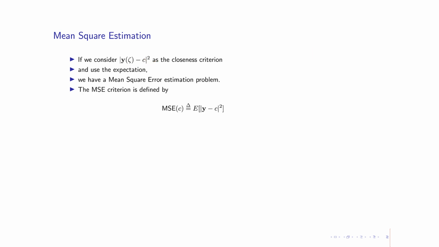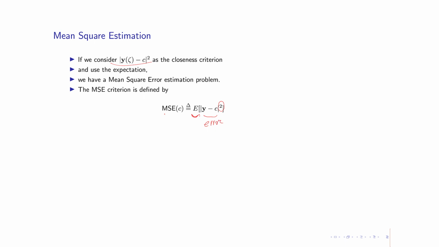So the mean square error estimation criterion is defined by the average of this error. So we want to minimize this. If you calculate the expected value of a random variable minus a constant number to the power of 2, this is the mean of the squared error.